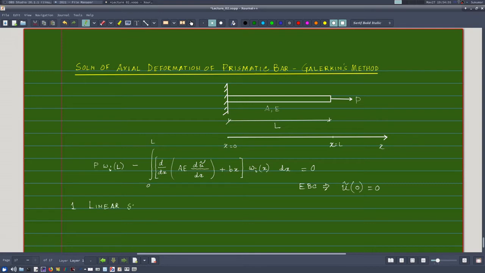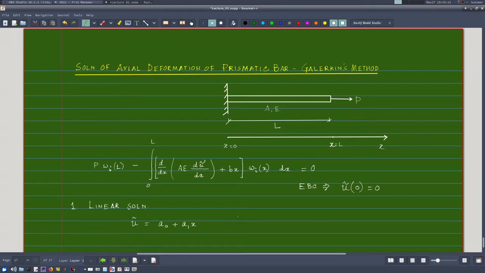Or the solution is linear solution. Okay, so let us assume that u tilde is, say, a0 plus a1 x.